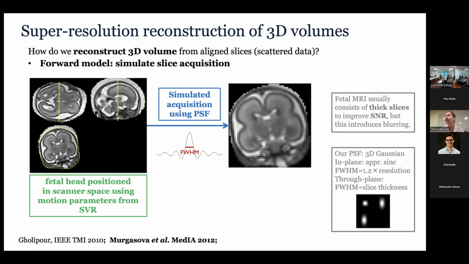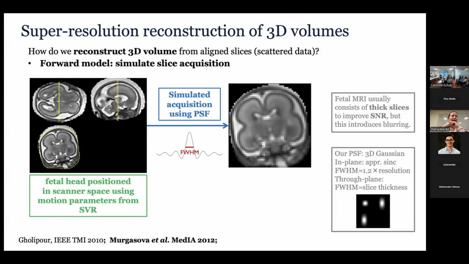So this is the point spread function that we are using, and I have to say this is an approximation, it's not very accurate, but we're still using the same one that we did at the very beginning when I tried it for the first time and I asked Joe what I should put in. So you know that when we acquire the slices, we usually acquire them thicker than the in-plane resolution, and that's to have decent SNR, because if you acquire them thin, it will be just noise.